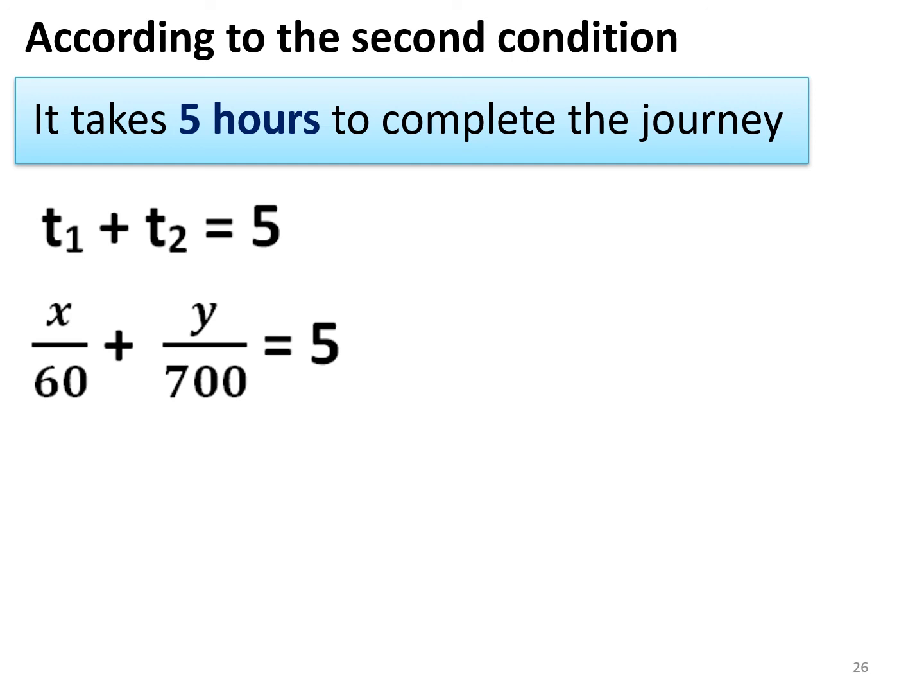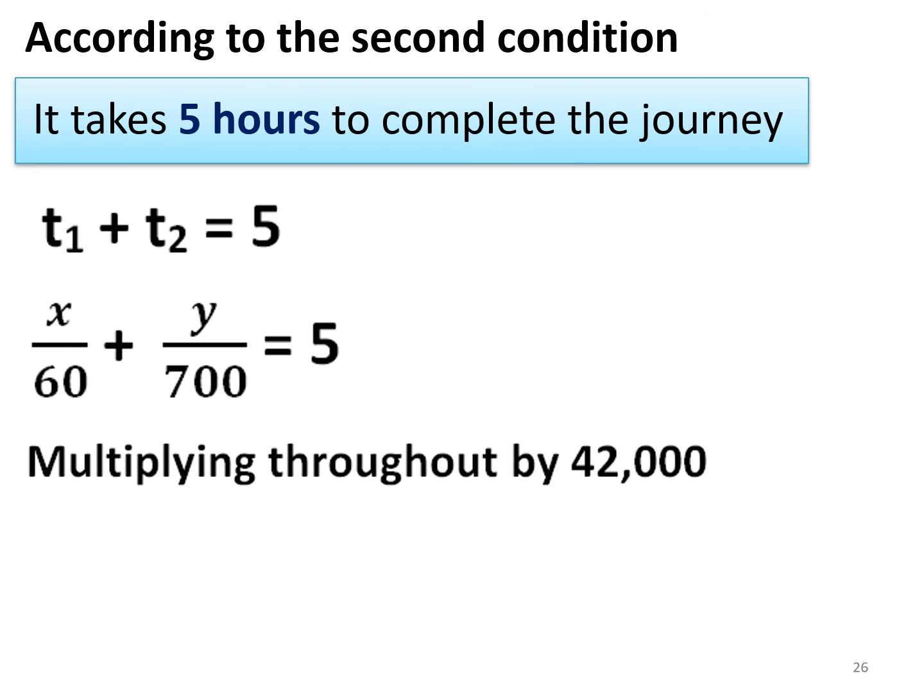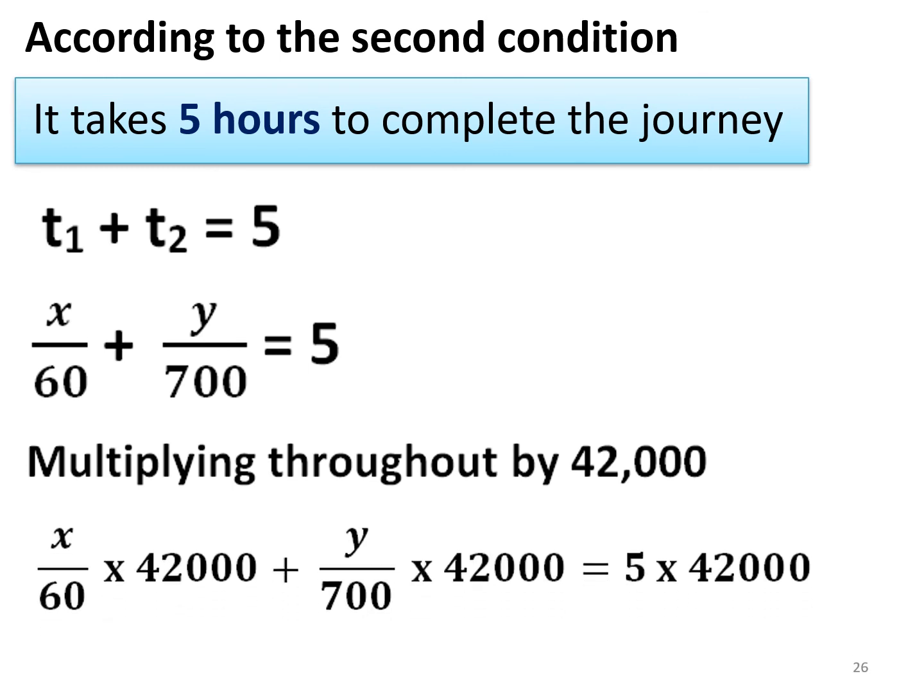60 into 700 is nothing but 42,000. So the LCM is 42,000. Multiplying throughout by 42,000: x upon 60 into 42,000 plus y upon 700 into 42,000 is equal to 5 into 42,000.